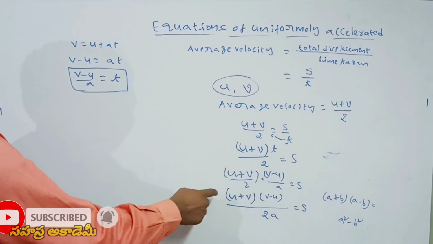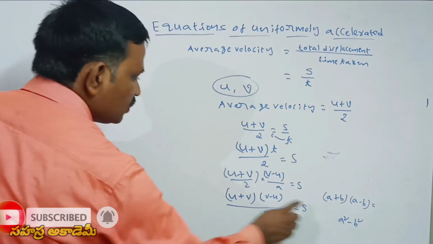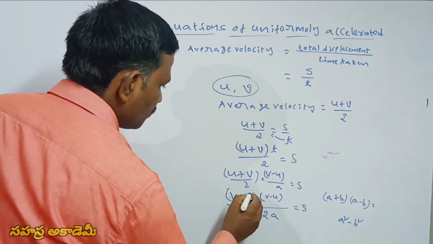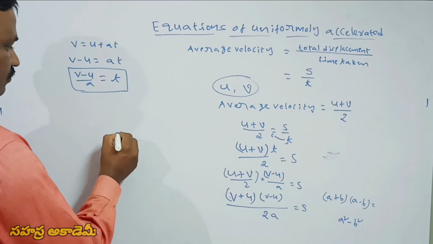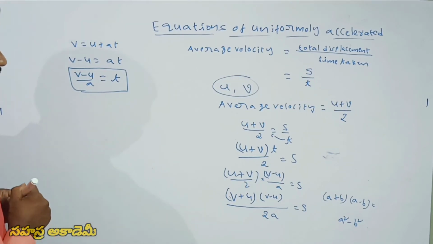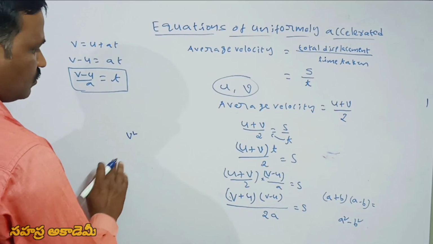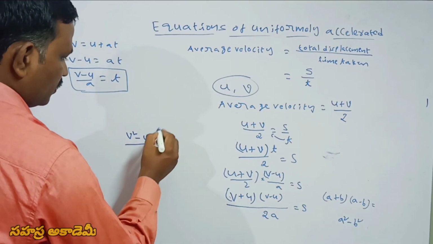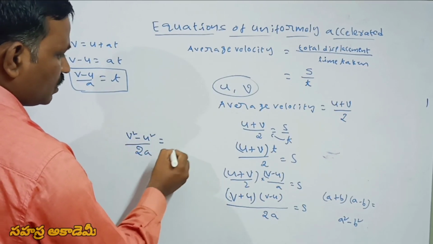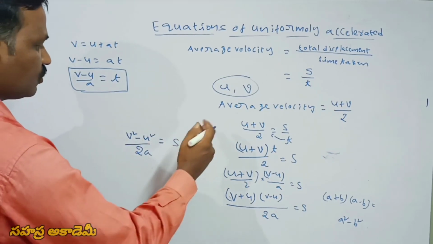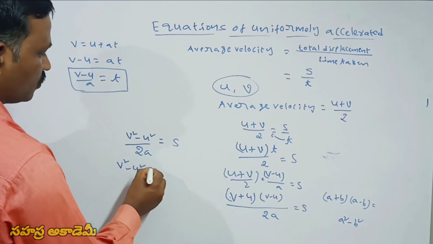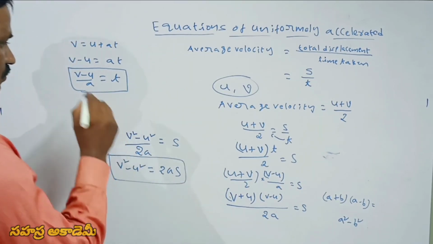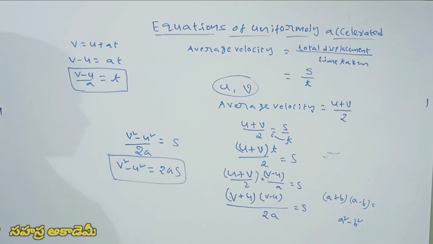According to that formula, a square means v square. So v square minus u square by 2a is equal to s. Then send this 2a to that side: v square minus u square is equal to 2as. This is another equation.